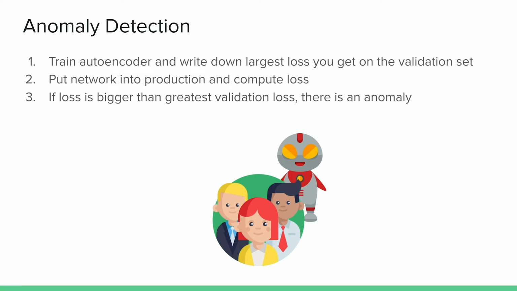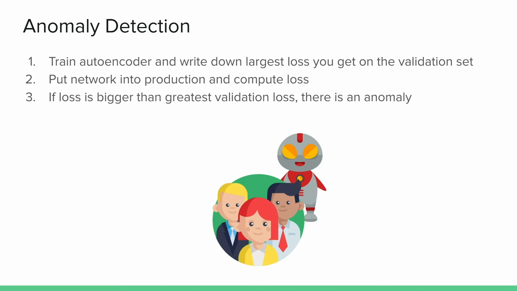The same idea we can almost identically reuse for anomaly detection. We train our autoencoder in a standard way, and then we write down the largest loss that we saw on our validation set. Imagine that we have some input samples and we're getting a loss between 1 and 5. That's our typical loss on our validation set, which is fine because we have a lossy encoding anyway.